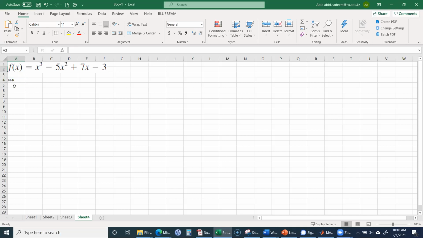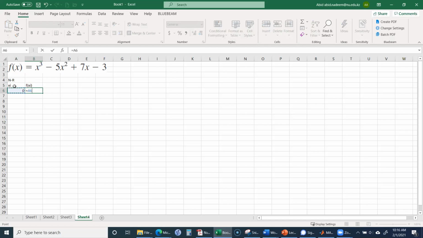So suppose I want to do this example in Excel using the Newton-Raphson method. How will I do it? I will first take xi, and xi will be 0, that is my initial guess. Then I will take the function of xi, which we will evaluate using Excel.